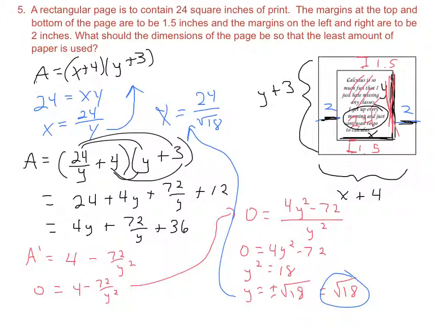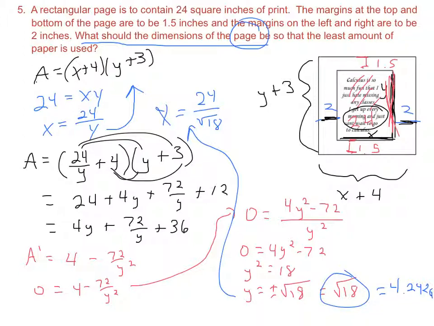Now we have to be very careful because the question wasn't, what are the dimensions of the inside square? The question is, what should the dimensions of the page be? So we've got to go back and add our margins in and get our final answer. I went ahead and converted the square root of 18 to the decimal using my calculator. It's approximately 4.2426.